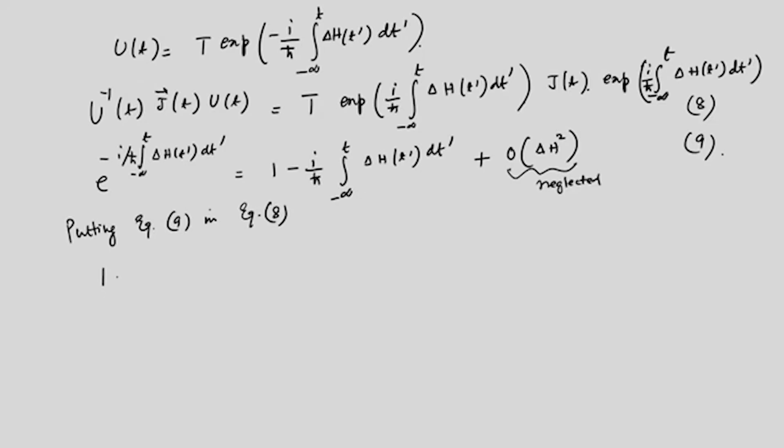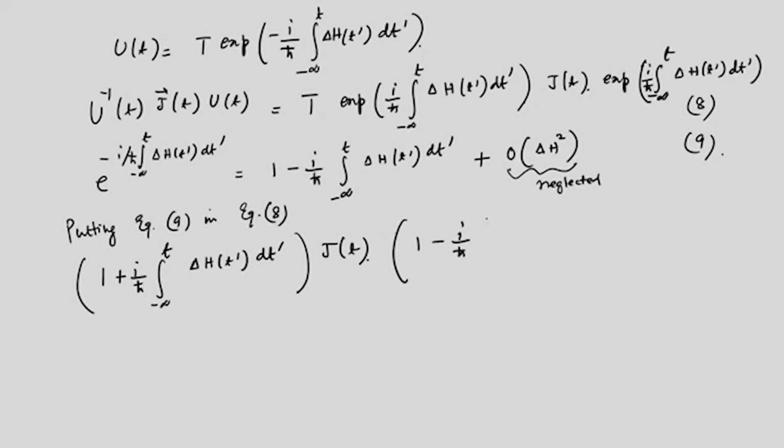we have 1 plus, because this U inverse is 1 plus I by h cross, integral from minus infinity to t of delta H(t') dt', and J(t). Okay. J(t) is here in equation 8, and then 1 minus I by h cross, integral from minus infinity to t of delta H(t') dt'.